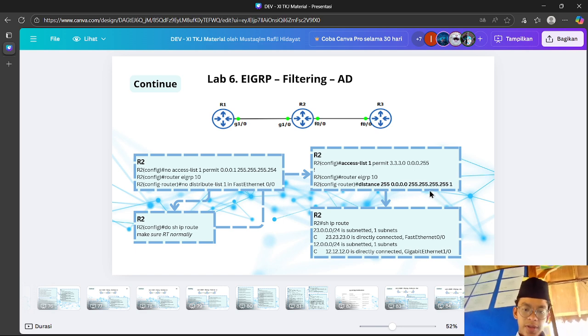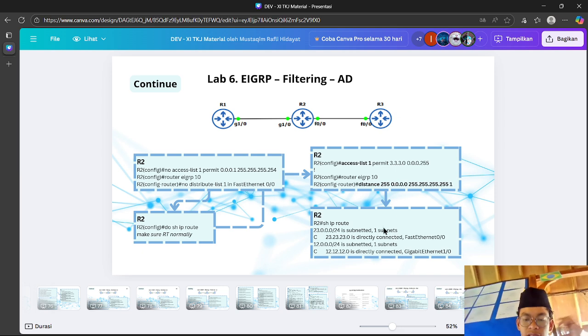Then show ip route. When we see here, when we show ip route, the route 23.0.0.0/24 is connected with Ethernet 0/0.